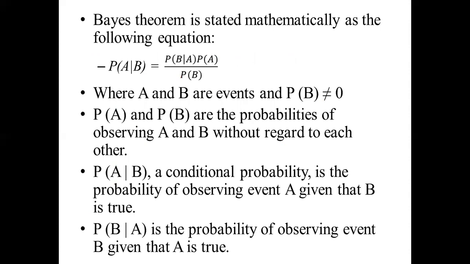So for prediction of diseases, for weather forecasting, or for the ups and downs of the stock market, we are applying Bayes theorem. So probability applies completely for prediction purposes based on previous events or conditional events.